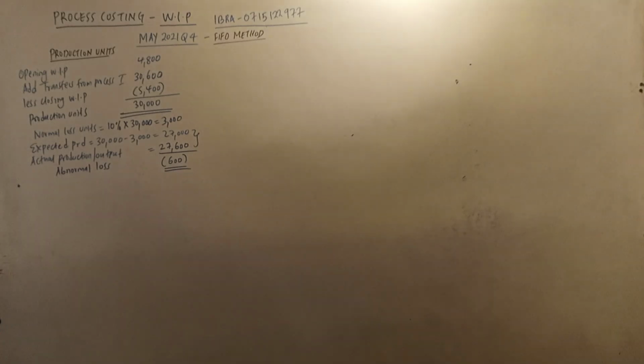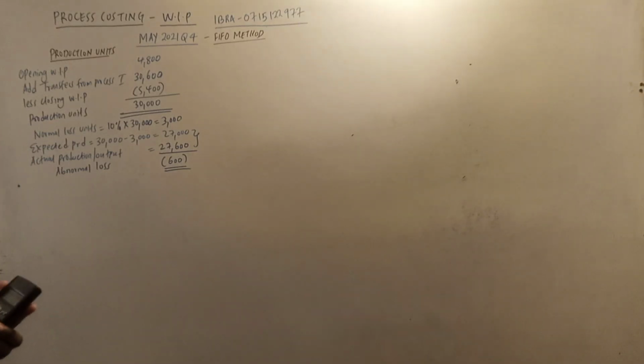Let me confirm: 27,000 minus 27,600 is minus 600. The minus 600 in this case is abnormal gain, not loss.